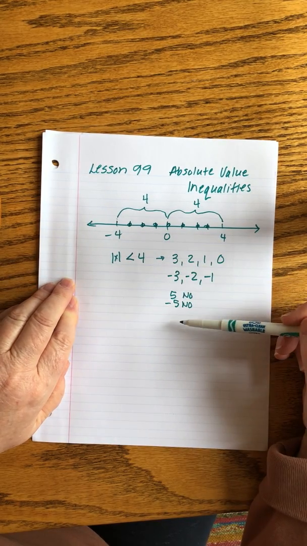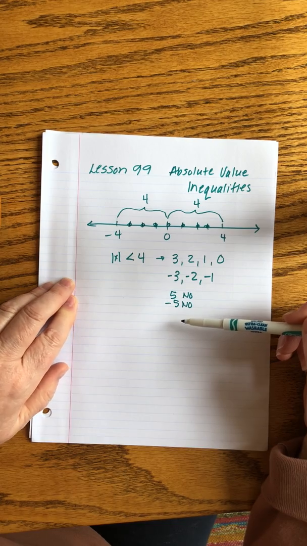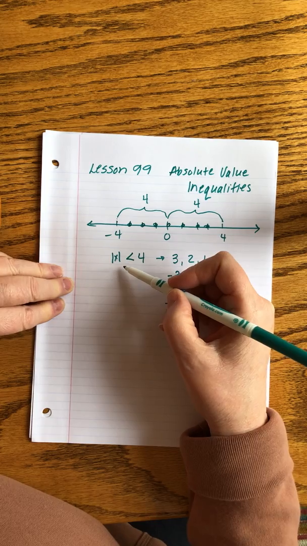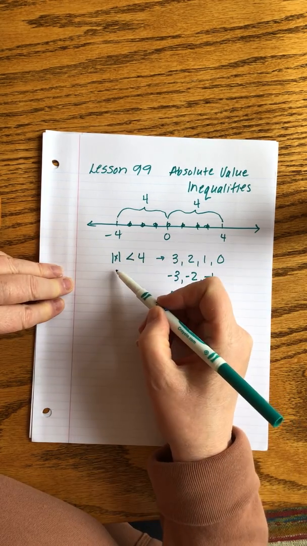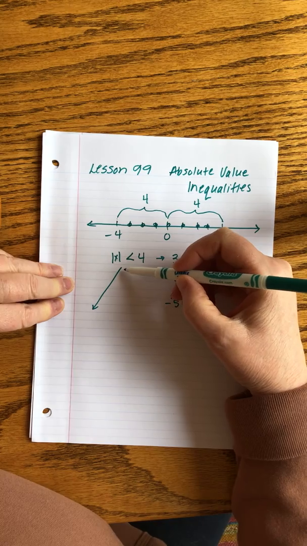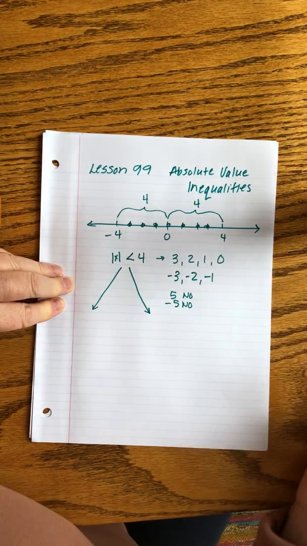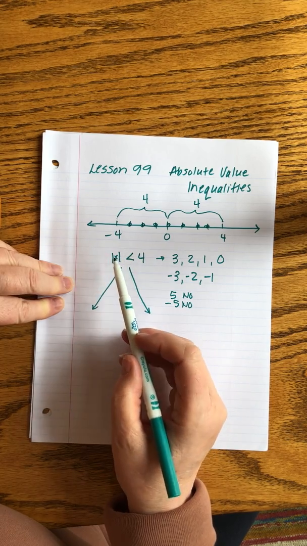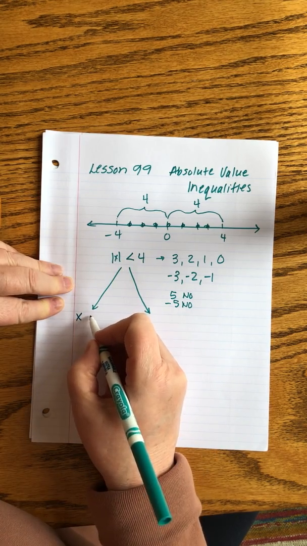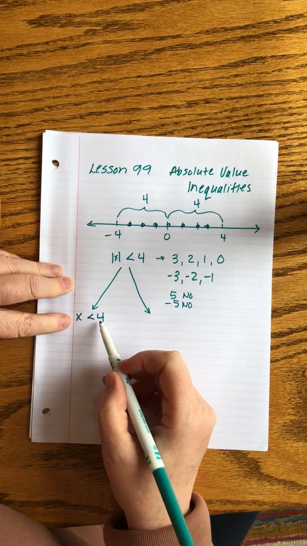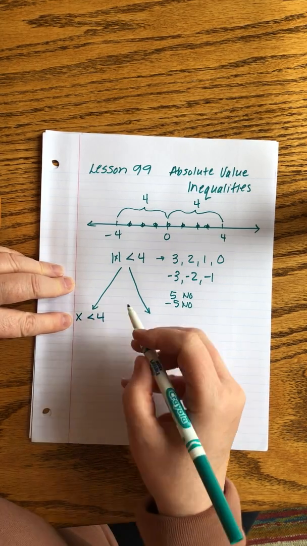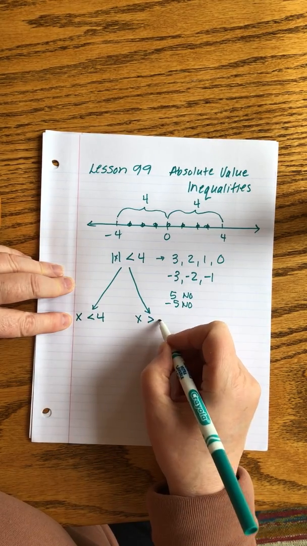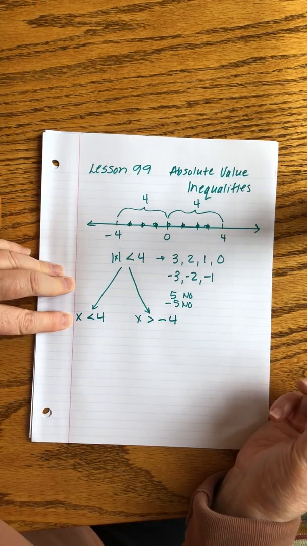Now, we don't want to have to go through this long process every time we graph an inequality. So we have a shorthand process for taking this and breaking it down into these two sets of numbers, and it looks like this. I always draw the arrows to remind myself that there are two versions of this. The first one looks exactly like it, only with the absolute value signs gone. We want the values for x that are less than 4, but they also have to be, and here comes the interesting part, we flip the sign, we flip from positive to negative.